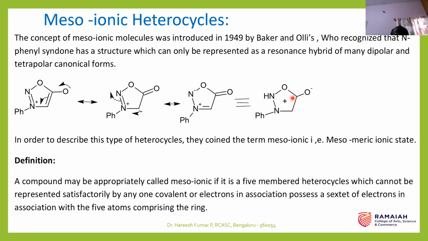So this is only the first example of a meso-ionic heterocycle. The definition, as I mentioned, is that it should be a 5-membered ring with a positive charge in the ring system and the negative charge outside.